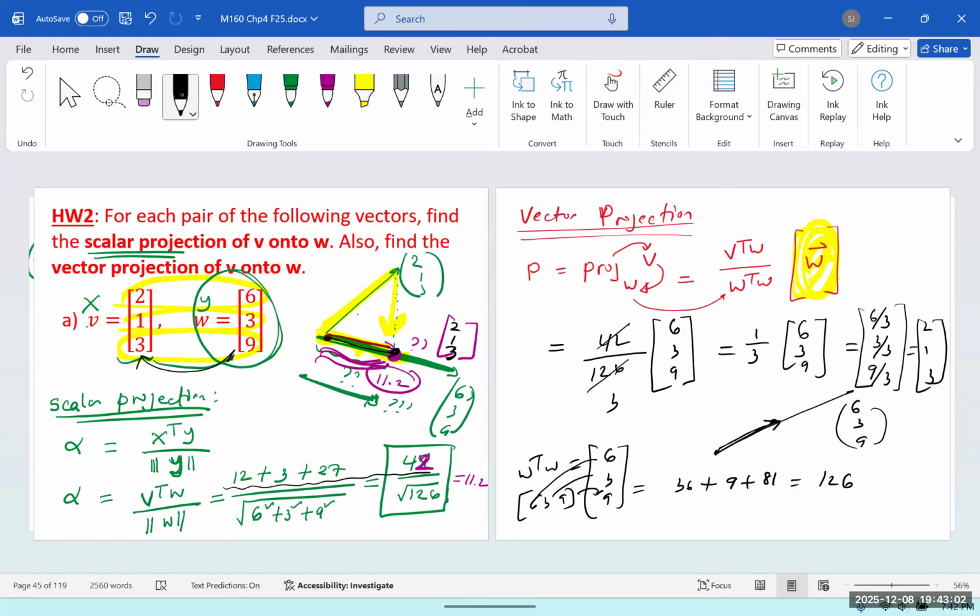When you project 2, 1, 3 onto 6, 3, 9, you get the smaller vector as your projection, because they are the same direction. So when you project the smaller vector onto the bigger vector, it gives you the smaller vector back. This is what it means.